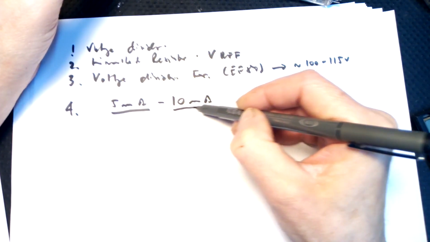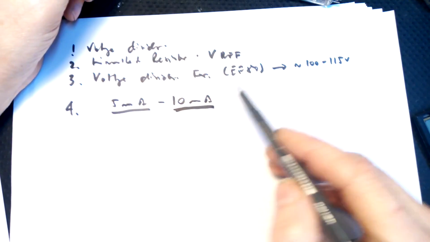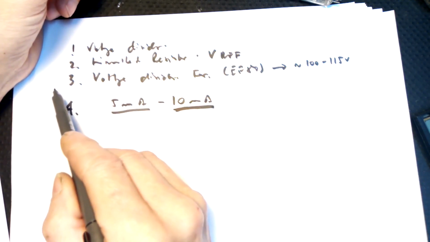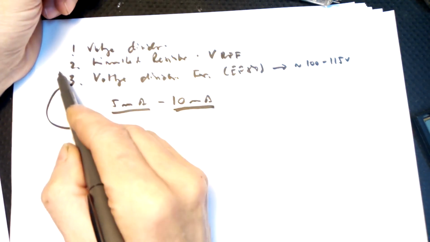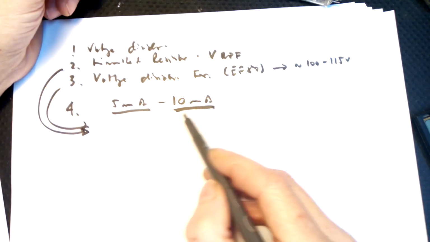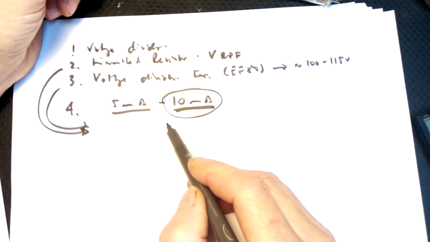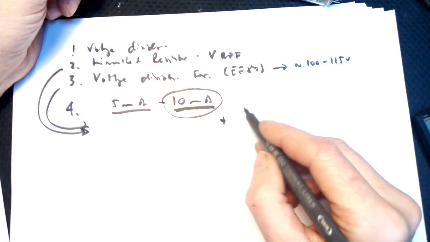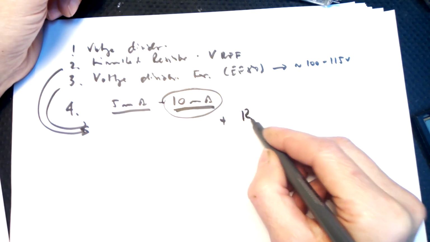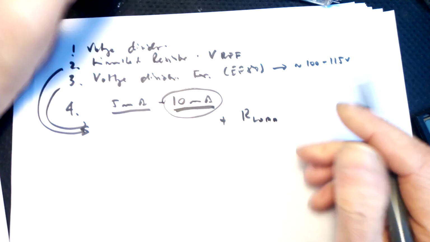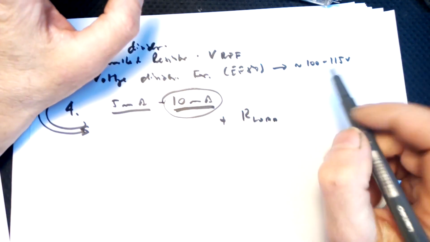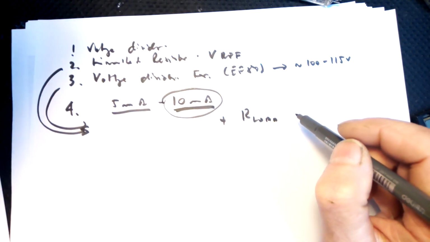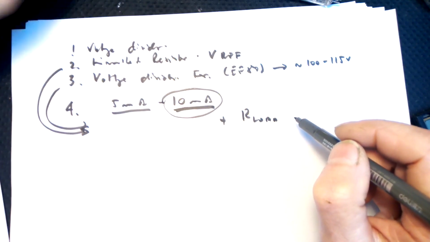I prefer it higher. So if our voltage divider plus limiting resistor together give us less than 10 milliamps, we have to add some preload resistor which keeps the current flowing.